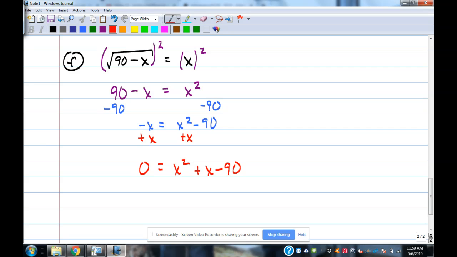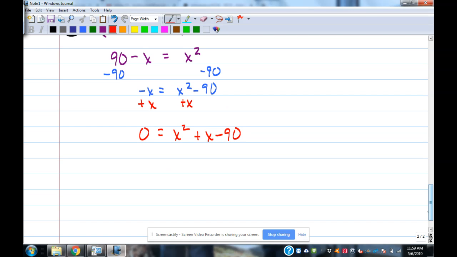Okay, so all this stuff we did with quadratics for about 2 months, we're using it. Now, the trinomial, I'm going to try the x method. Multiply to be negative 90 and add to be 1. Let's do that. This one will factor nicely.